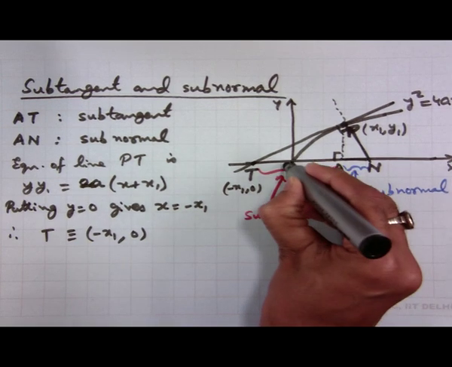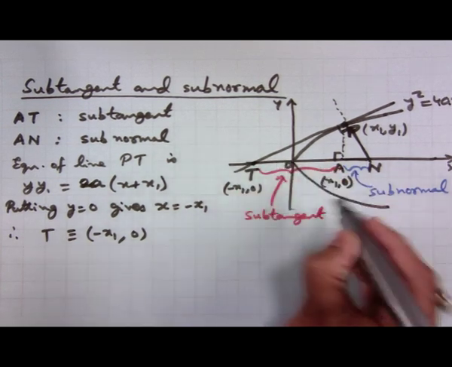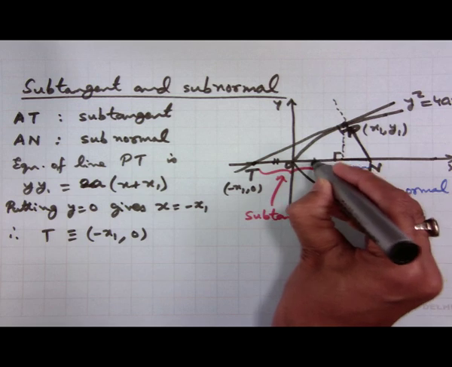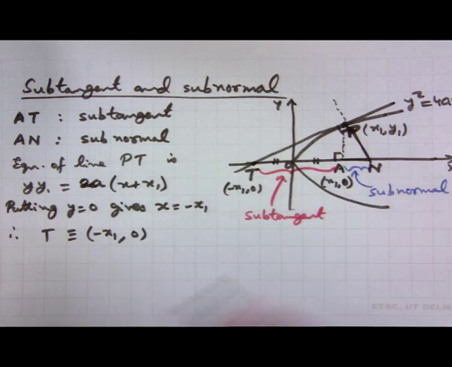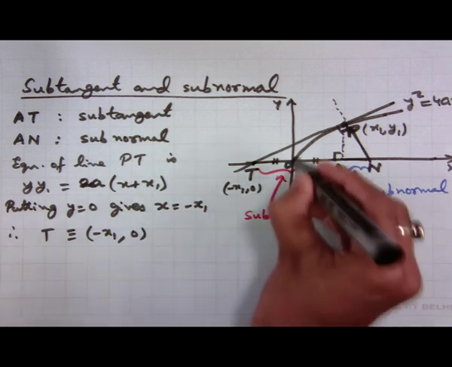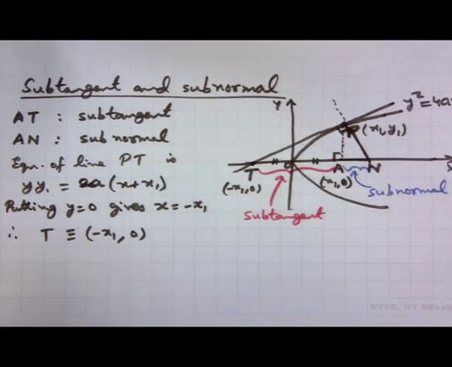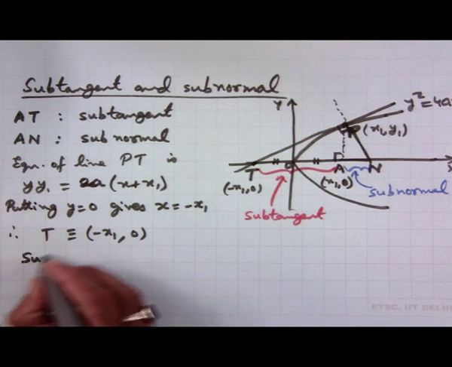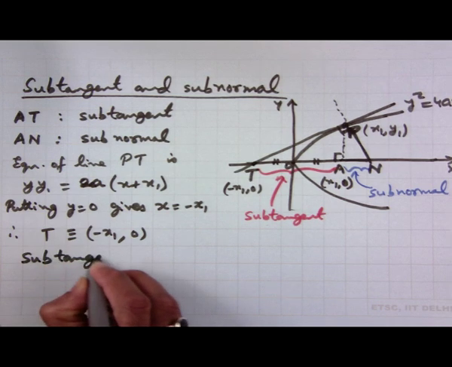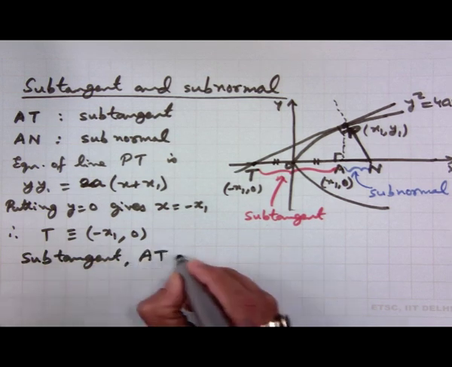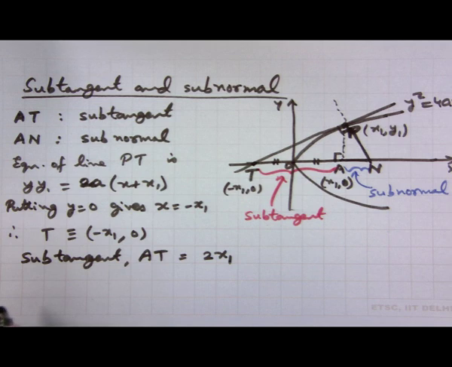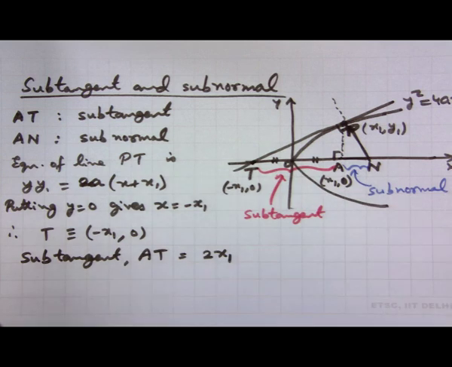So, this point T is equidistant from the vertex O and this point A. This vertex is equidistant from T and A. So, subtangent AT is equal to 2 times x 1, and what is AN? The subnormal.